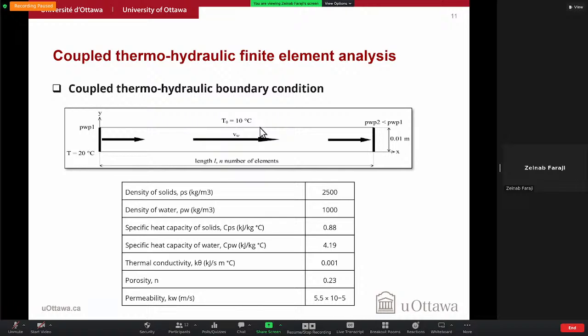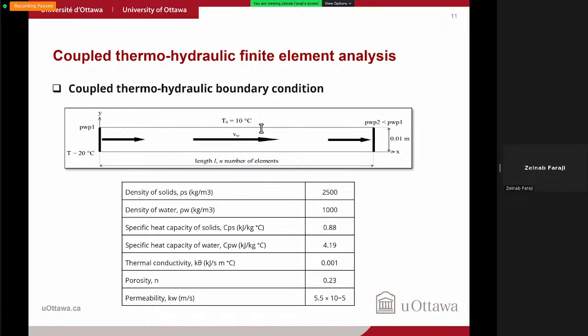Here you can see in this picture the geometry of the considered problem, and in this table the material properties in this case.